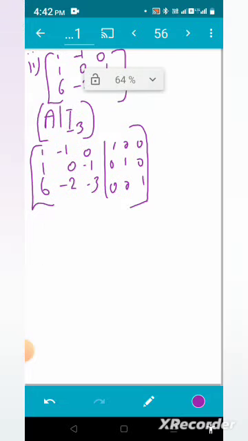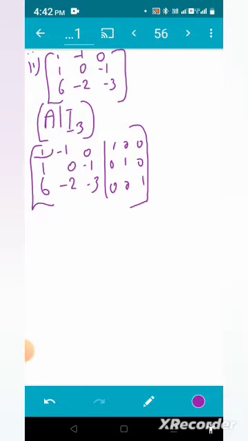So from this I created this 1 0 0. So I create this first. R2 and R3 values get 0 because these are our zeros.